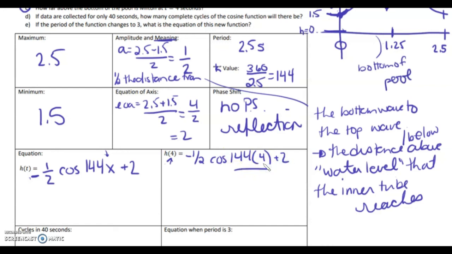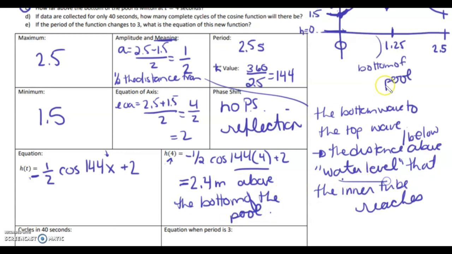Do that together, and then we're going to cos that number. So I get 2.4. So at 4 seconds, he's 2.4 meters above the bottom of the pool. Okay, water level is obviously the equation of axis.